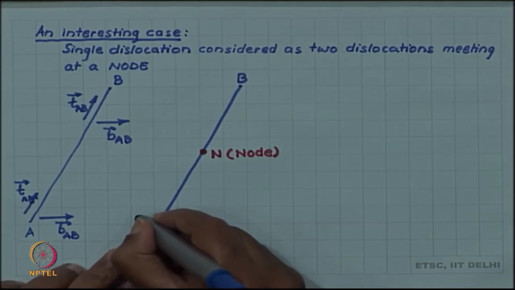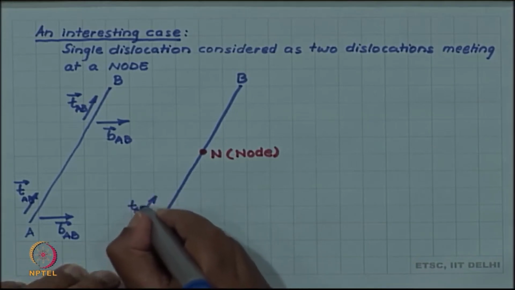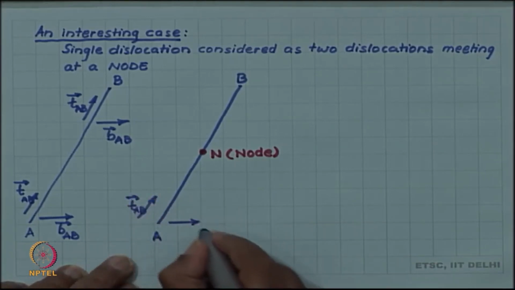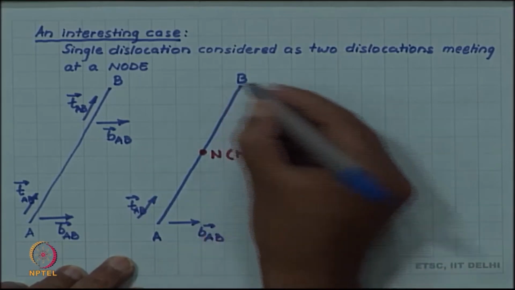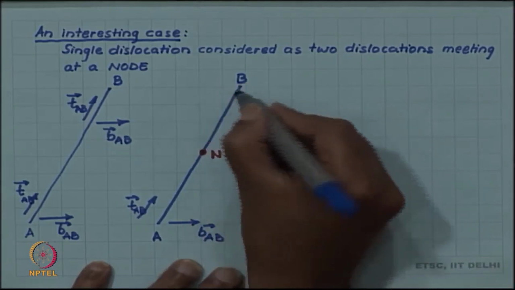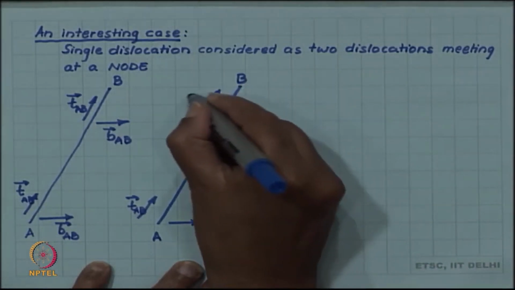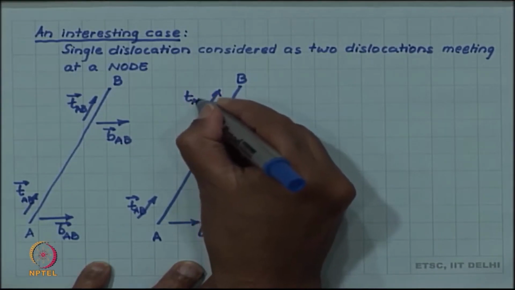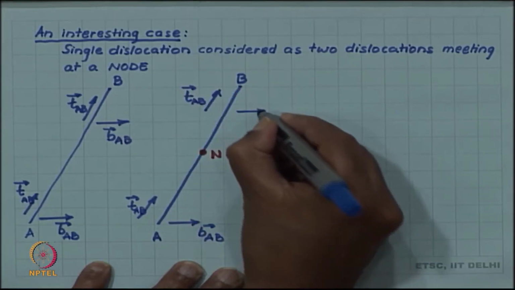It is a sort of trivial exercise, but it is possible. So, I again draw the tangent vectors and the Burgers vector. For the original single dislocation, I am just copying what I have drawn on the left.